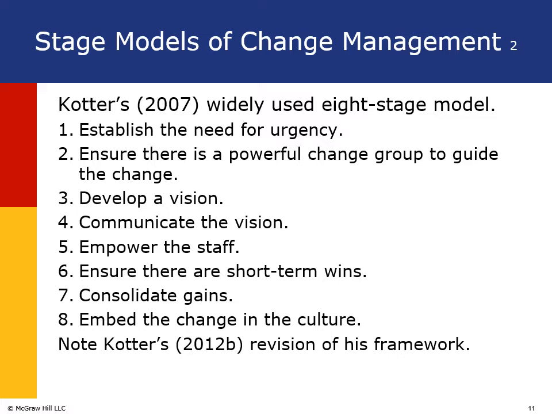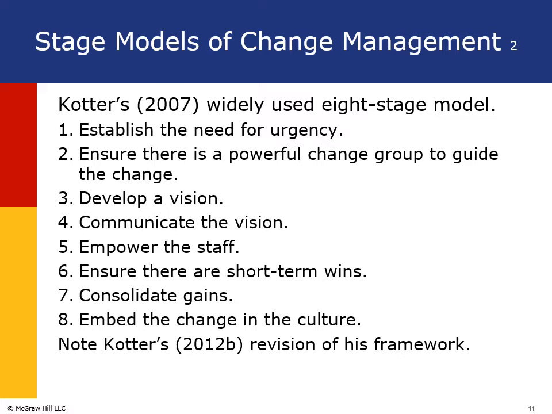Just like Lewin's has three stages, this has eight, going from establishing the need for urgency, to forming a powerful group or coalition to guide the change, to communicating and developing a vision as steps three and four, which are very important, and then empowering the staff to work towards that vision.